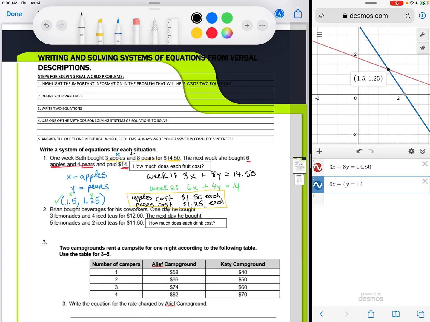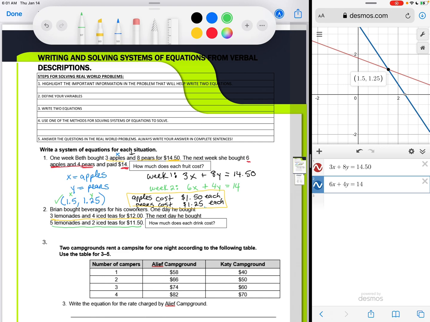All right, so what we're going to do here is underline our key information. So we have 3 lemonades and 4 iced teas that cost $12. That's one thing. And then we have 5 lemonades and 2 iced teas that cost $11.50. Okay. So from here, then it asks, how much does each drink cost?